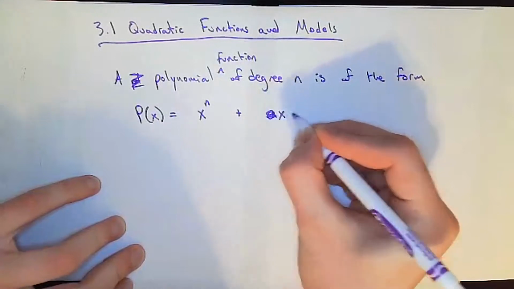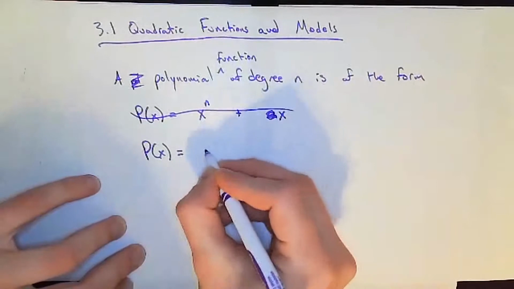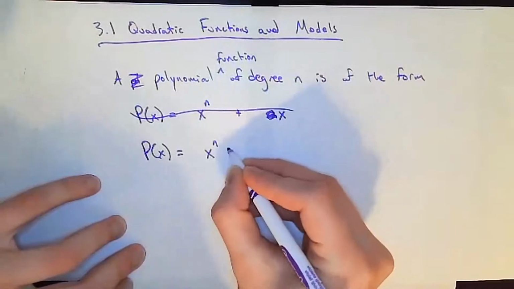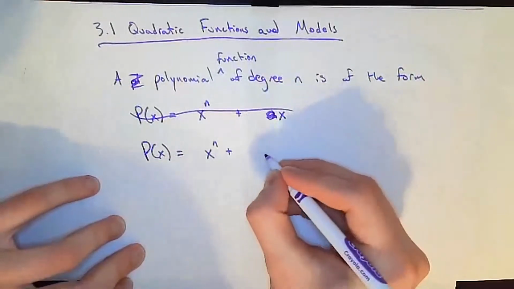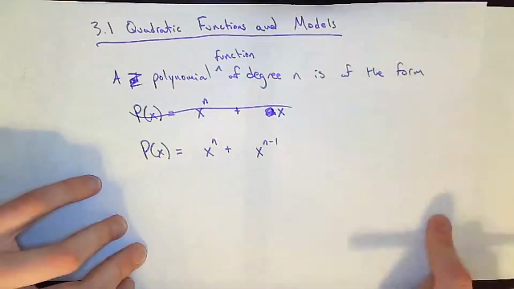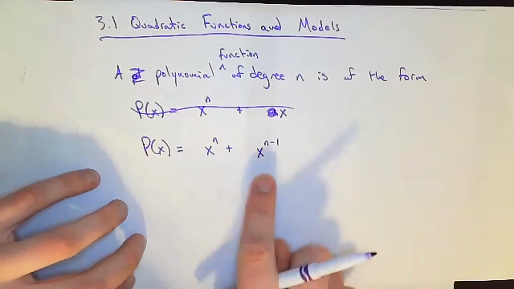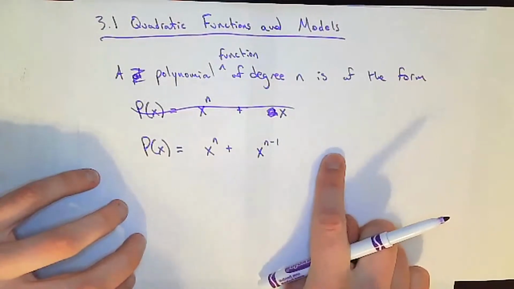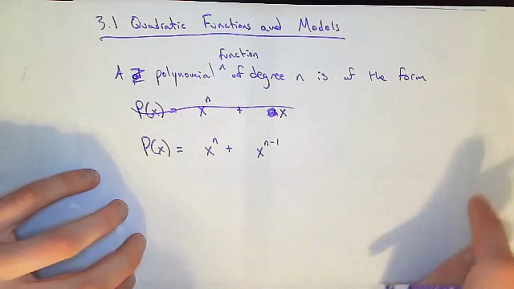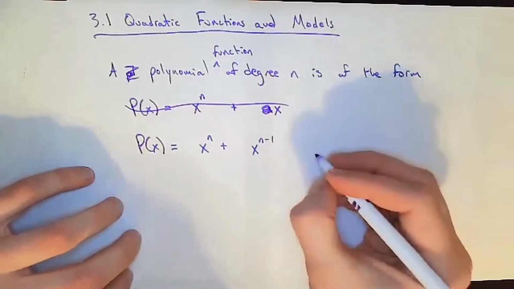The next term down would be, let me start over. I'm trying to leave space for the coefficients and I'm getting mixed up. Okay, the next term down, if we put it in descending order, should be the next lowest exponent, right? So like x to the 5th, x to the 4th, x to the 3rd, 2nd, 1st, all the way down to x to the 0, which would be the constant term.